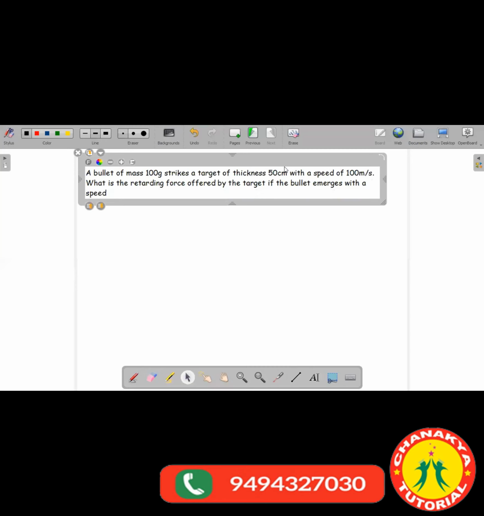Then what is the retarding force offered by the target if the bullet emerges with a speed of 25 meter per second?